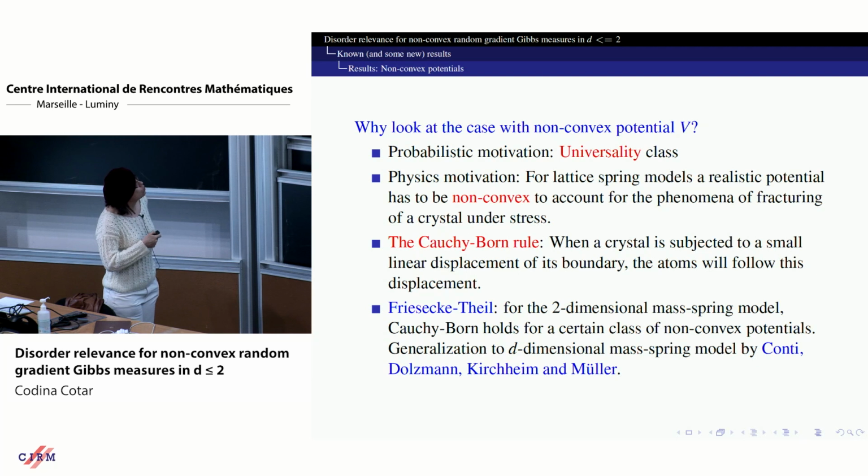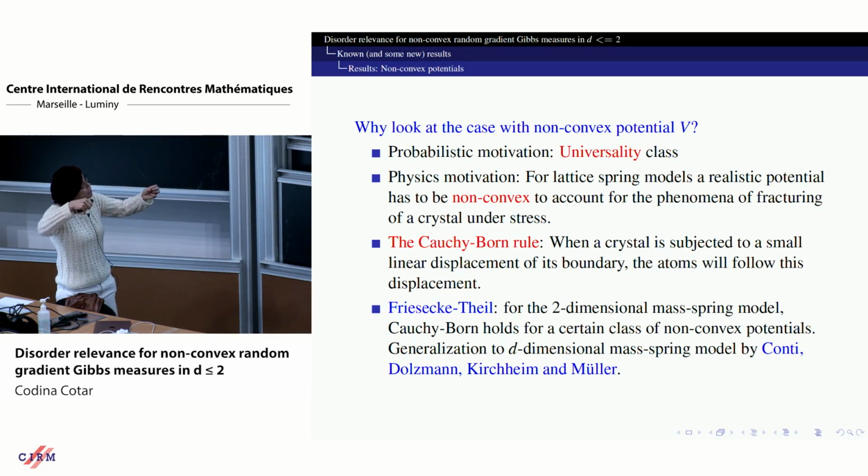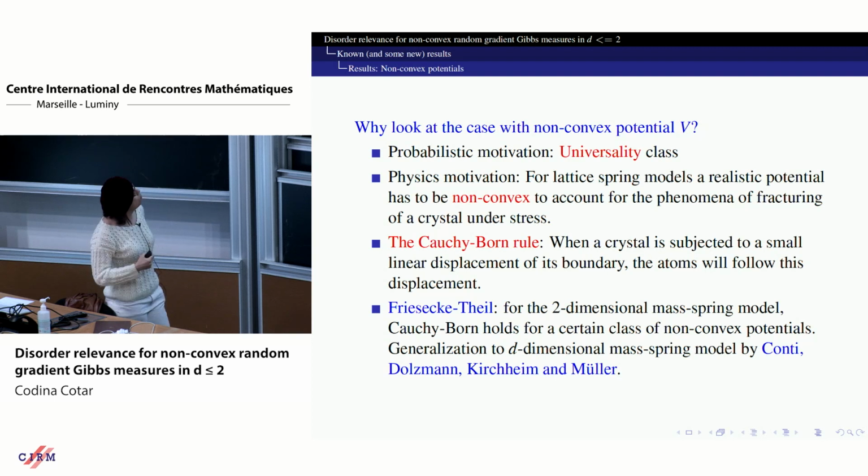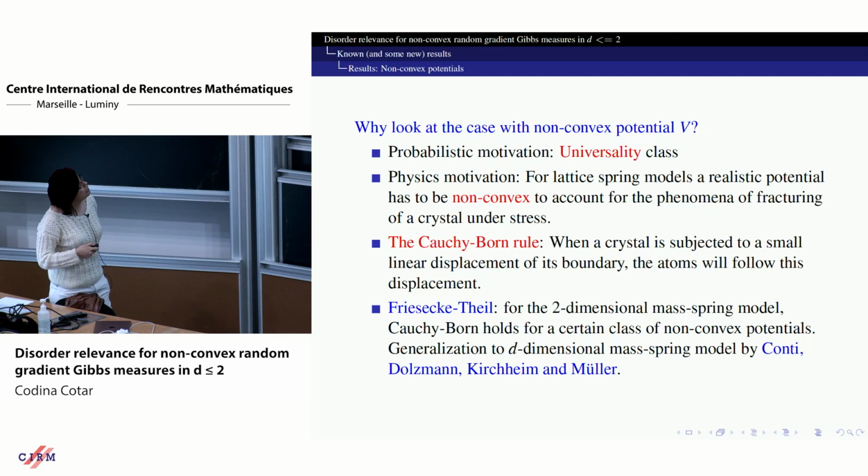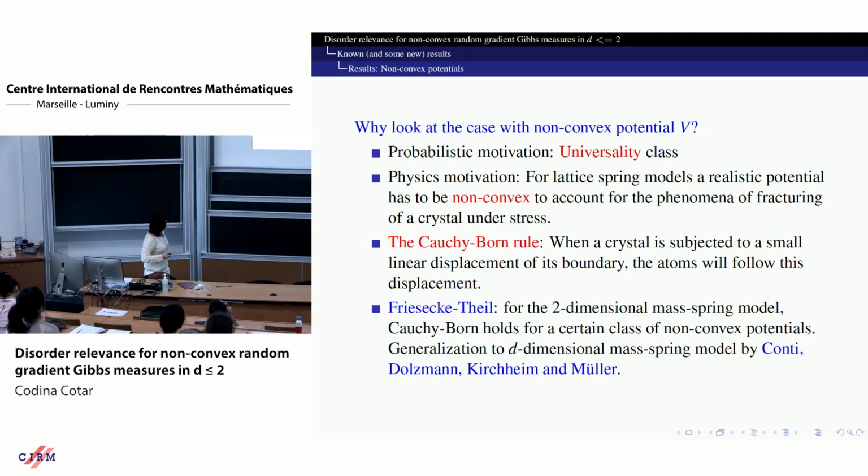We also have the Cauchy-Born rule, for example, when a crystal is subjected to a small linear displacement, so the atoms follow this displacement. This has been studied by various people, Friesecke and Theil in 2 dimensions, and they have shown that this Cauchy-Born rule holds for a class of non-convex potentials, and this was generalized by Conti, Dolzmann, Kirchheim, and Müller.